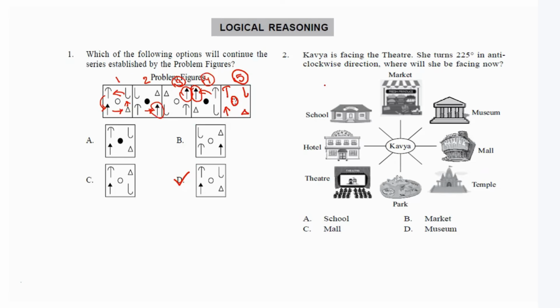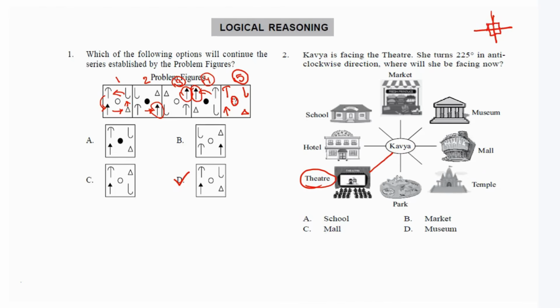Coming to question number 2, Kavya is facing the theater. She turns 225 degrees in the anti-clockwise direction. Where will she be facing now? Here we can see Kavya, this is the theater, and Kavya is facing this side, right? As we know, if we have this division, each division consists of 90 degrees.